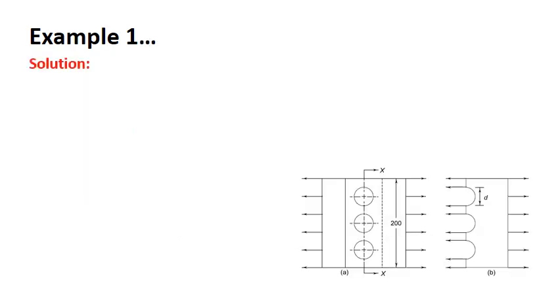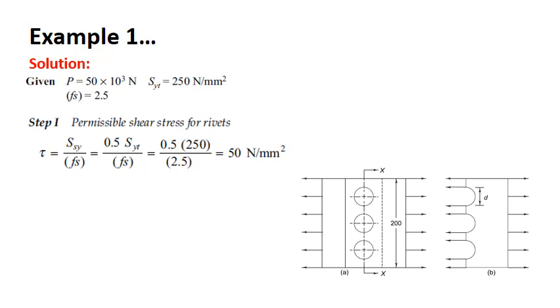This is the top view of the assembly. There are 3 rivets actually, and 2 plates you can see. The given quantities are loading, yield strength and factor of safety. So what is the permissible shear stress for the rivets? This is the formula that we have learned: tau is equal to shear yield strength divided by the factor of safety.